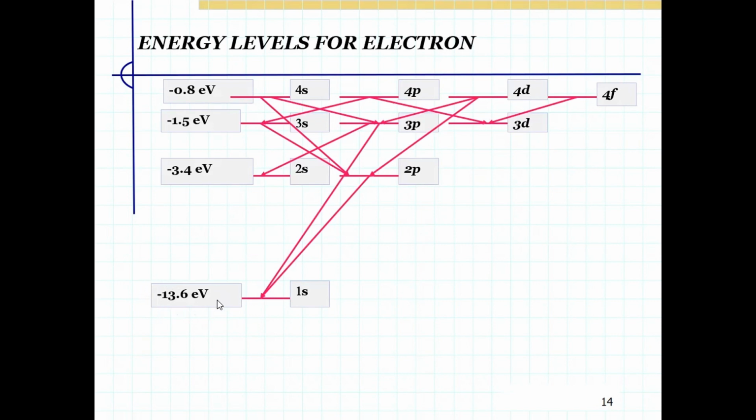And if we convert the ground state value into electron volt energy units, then the ground state value is minus 13.6 electron volt for the electron in hydrogen atom. 1 electron volt is expressible in terms of joules, and it is 1.6 times 10 to the power minus 19 joules, a very, very small value.